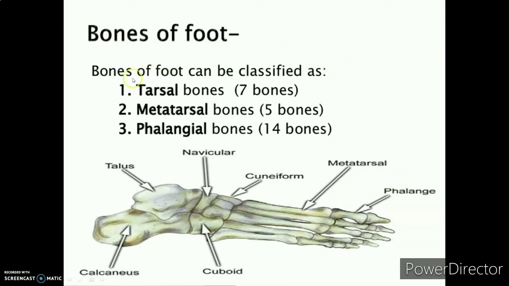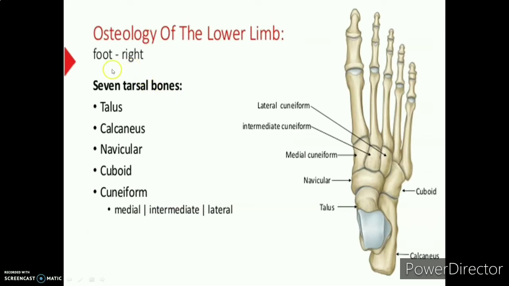Bones of the foot. The bones of the foot can be classified as tarsal bones, which are 7 bones, metatarsal bones, which are 5 bones, and phalangeal bones, which are 14 bones. We'll see in detail. First are the 7 tarsal bones. You can see in the picture the talus, navicular, cuneiforms, calcaneus and cuboid.